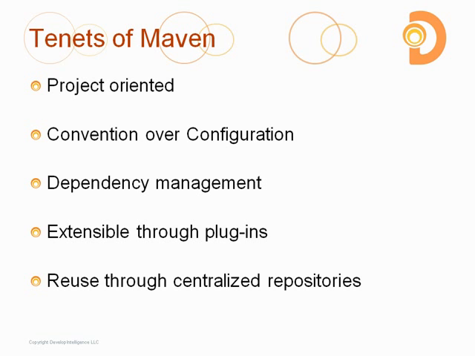In other words, if I've been using Eclipse to build my source, or I've been using NetBeans or IntelliJ or something like that, those are all, quote-unquote, project-oriented build environments. The second one is convention over configuration. This is the intelligence piece that I was talking about before.